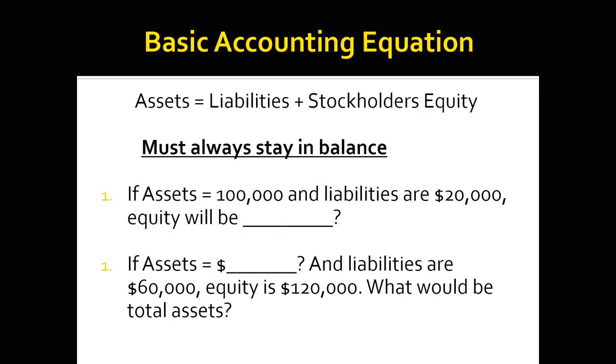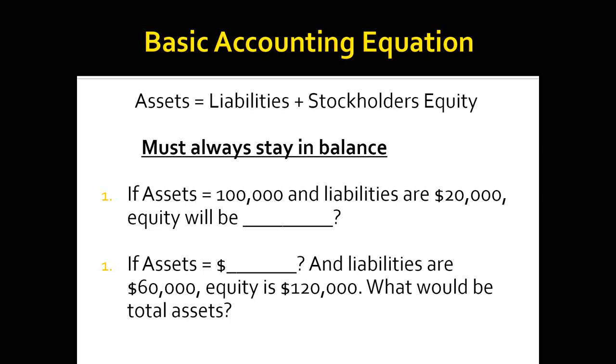Here is how you compute the basic accounting equation. The basic accounting equation will always be assets equal liabilities plus stockholders' equity. Okay, so let's look at an example. If assets are 100,000, so assets 100,000 equals liabilities of 20 plus X. Well, what is your X? 20 plus 80,000 will be your stockholders' equity.